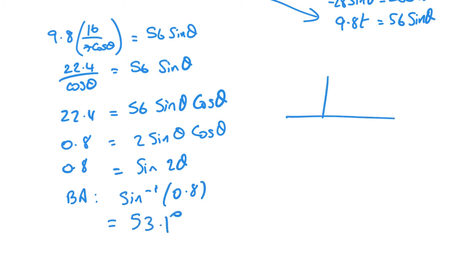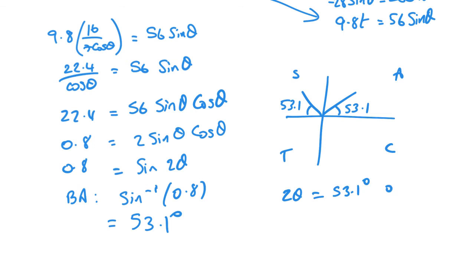So I can go to my CAST diagram. It's positive within A and S. So that means that 2 theta could be 53.1 degrees or 126.9 degrees. Divided by 2 then, theta could be 26.6 degrees or 63.5 degrees to 3 significant figures.